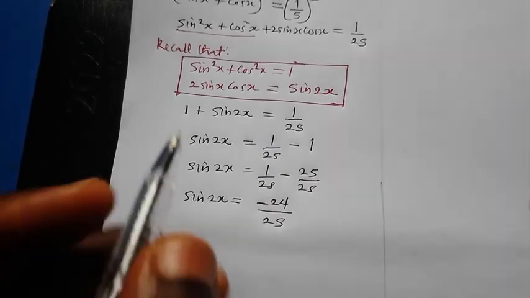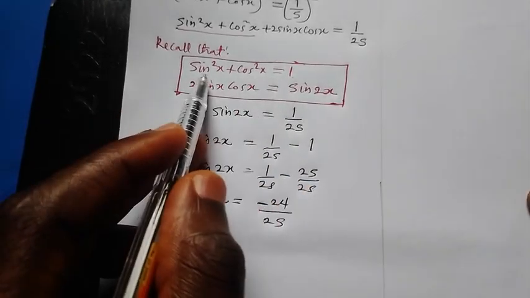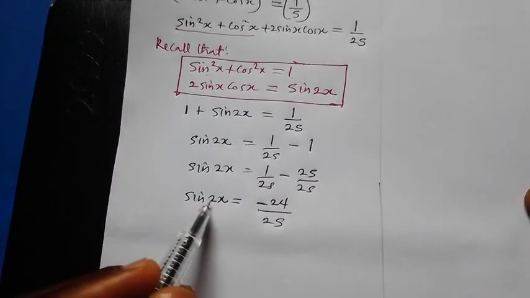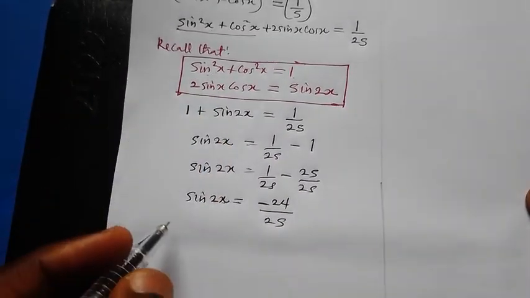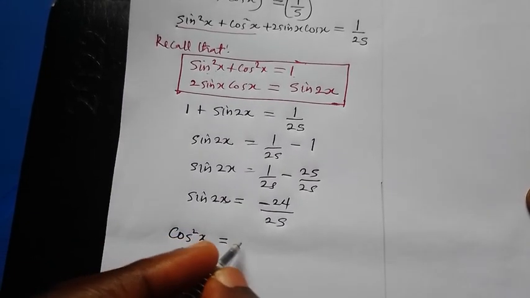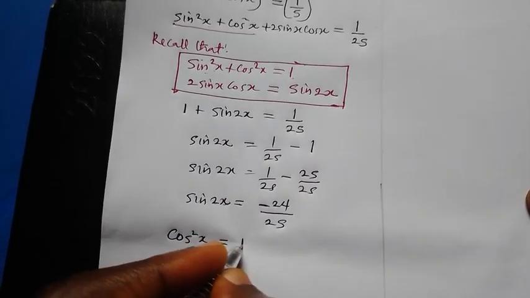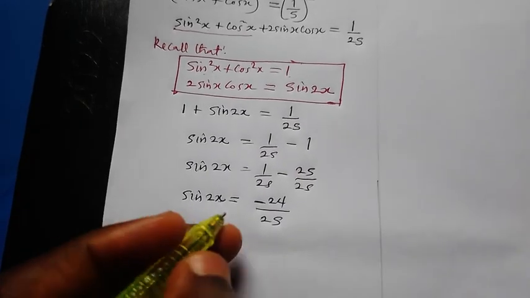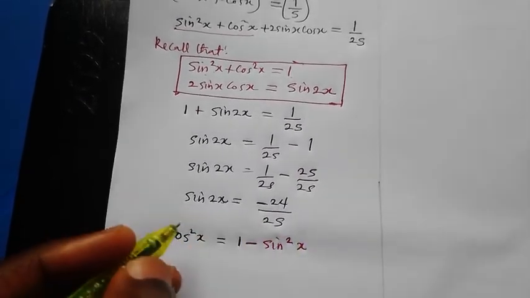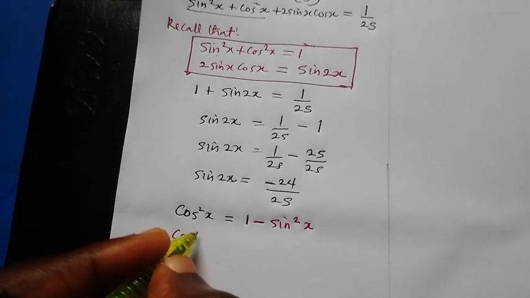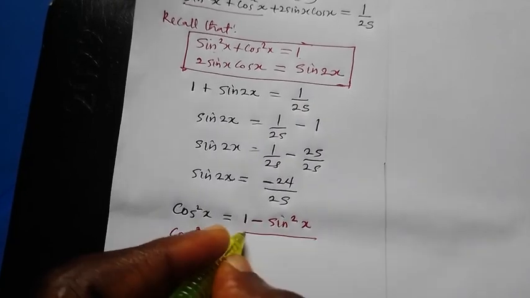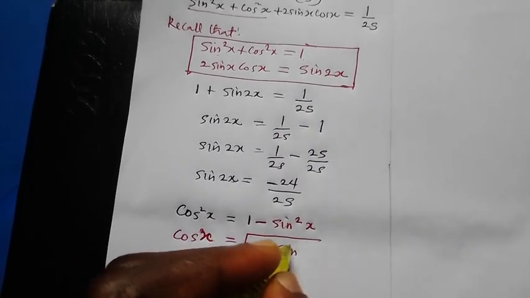Alright, so using this same identity here, we can also write it using 2x instead of x. If you do that, you see that cos squared x can be written as 1 minus sin squared x, which implies that cos x is equal to the square root of 1 minus sin squared x.